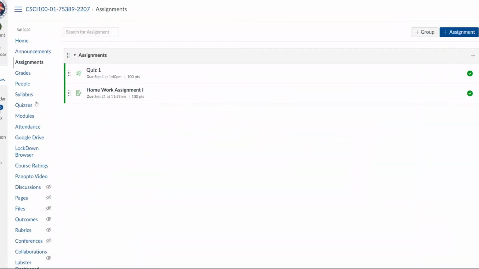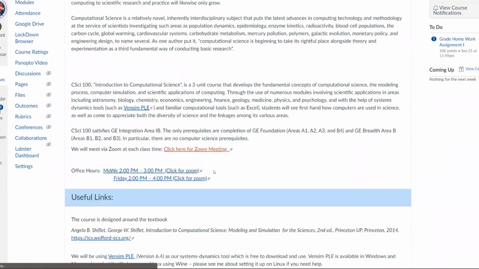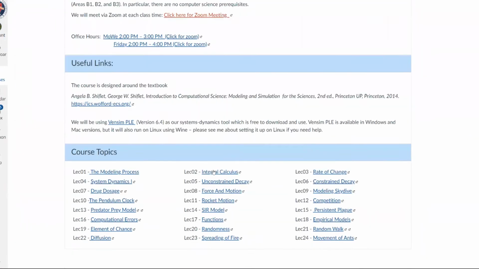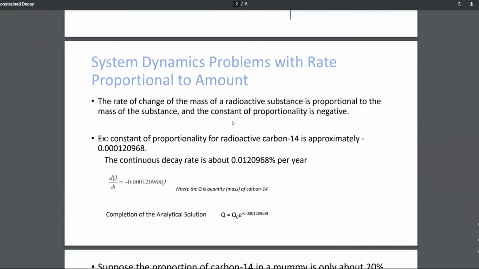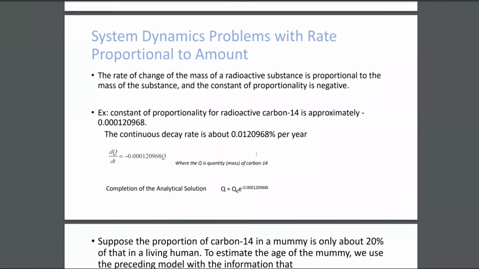Right, so let me move to the next lecture here, which is what we're going to do with the equations we learned. What is the usefulness of it? So here it is, a very important one. This one we're going to talk about radioactive substances.